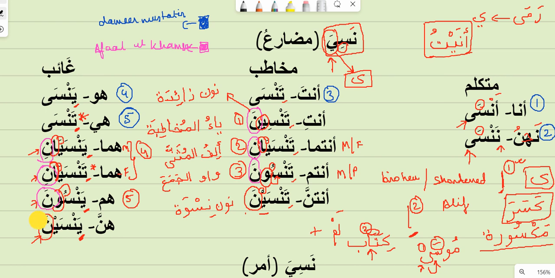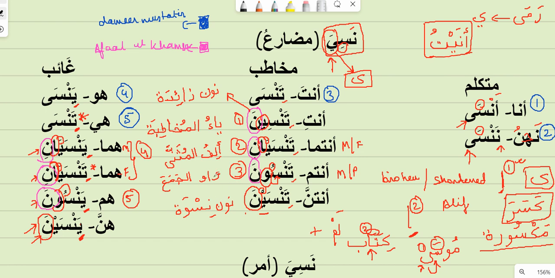feminine damir is here, noon niswa. This alone can tell you that this verb has come for feminine plural. Noon niswa is known for feminine plurality. So that's why we need not give here the ta. So the ya has come to show that it is for the ghaibs.